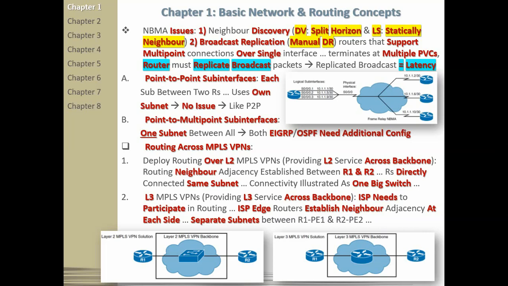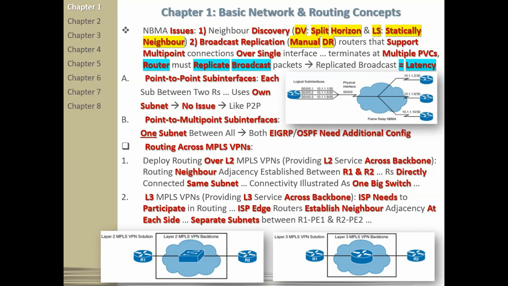for the point-to-multi-point frame relay scenario. In the previous slide, bottom of the page, the figure that we had, because in that topology all the routers support multi-point connections, or a single physical interface that is terminated at multiple PVCs, permanent virtual circuits.